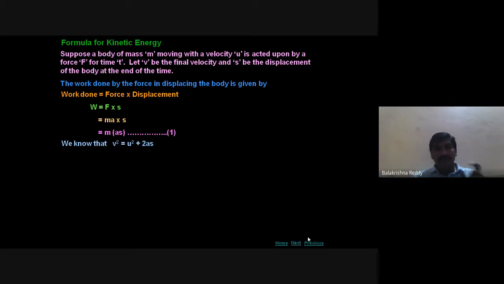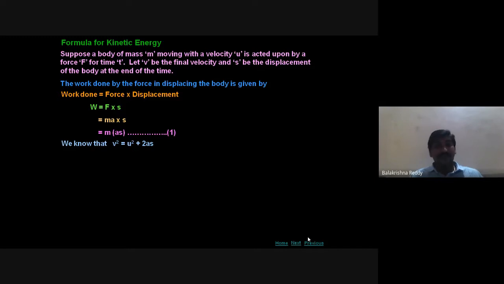In this, I want to find two things I don't know: the acceleration and the displacement of the object. Since the object is in motion, to find them I am using the equations of motion.